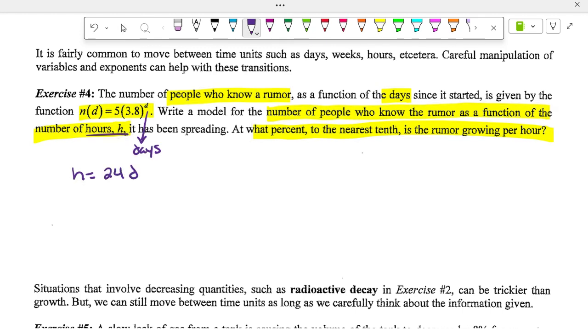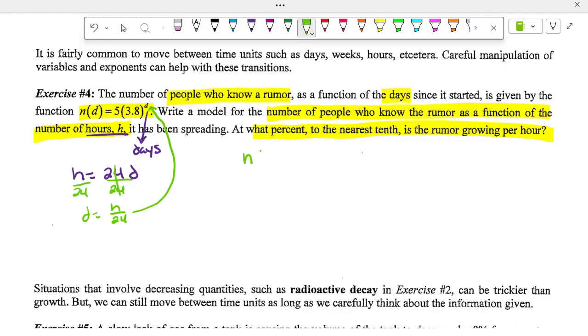So hours is equal to 24 times the number of days. Now we're going to solve that in terms of D. So how do I solve for D? Divide by 24. So D is equal to H over 24, which I'm going to replace in for this D.